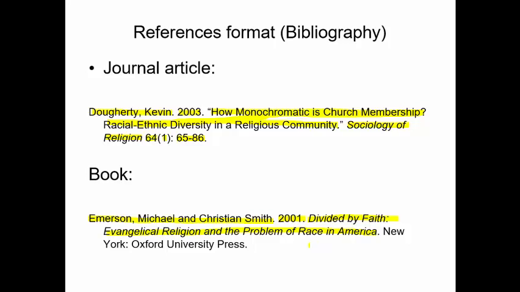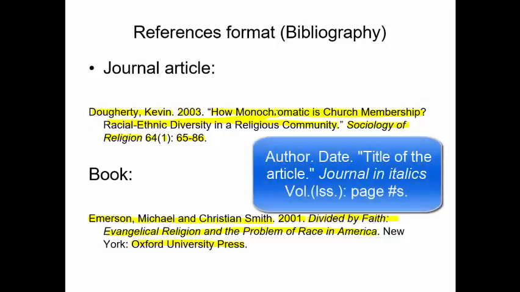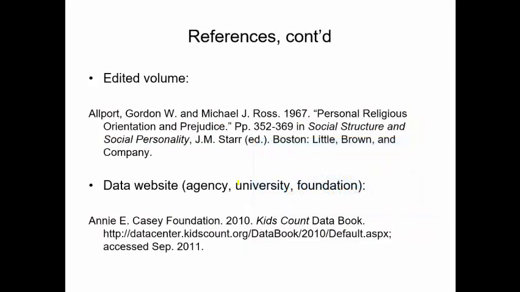The only difference here with the book is that you're following it by the city and the publisher that published the book. So very similar format all the way through. Author, year, title, journal, followed by volume, issue, page numbers. Format's the same all the way through.